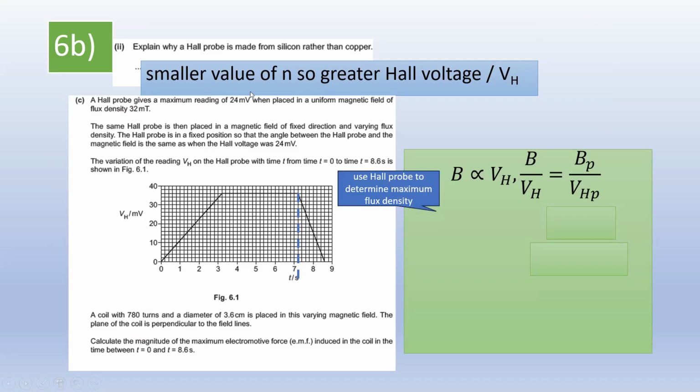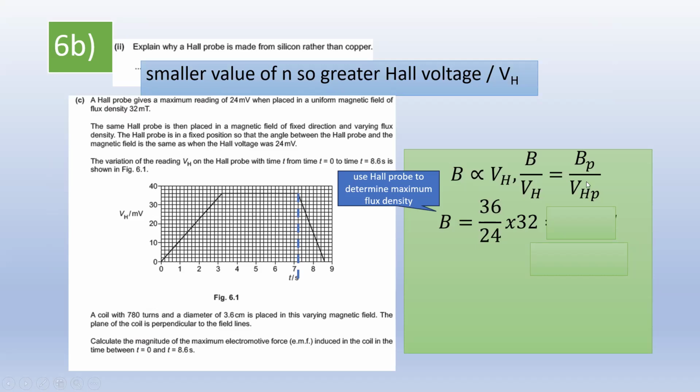That one is this one there. Right? So I want to determine the magnetic field at maximum voltage. So I take this across there. So B is 32, V_H is 24 from here. 24, 32, and 36. 36 is from here for the voltage.